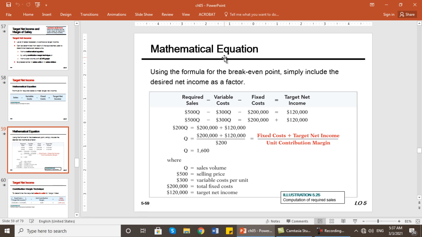Now, the same class, but we add here a target net income of 120,000. Here's the data. We want to determine sales volume Q to realize target net income $120,000.